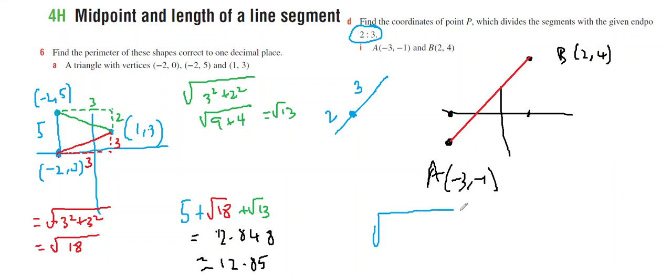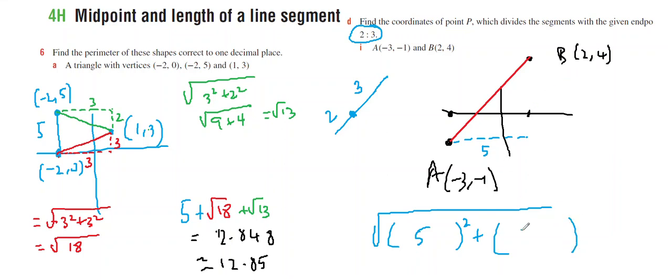So that will be the square root of my run, which is x2 minus x1, 2 minus -3 or 5. So that's a 5. And my height goes from -1 up to 4.